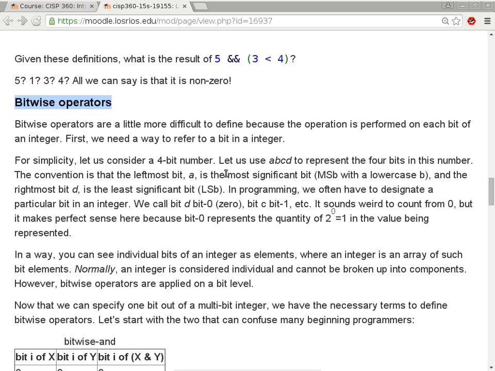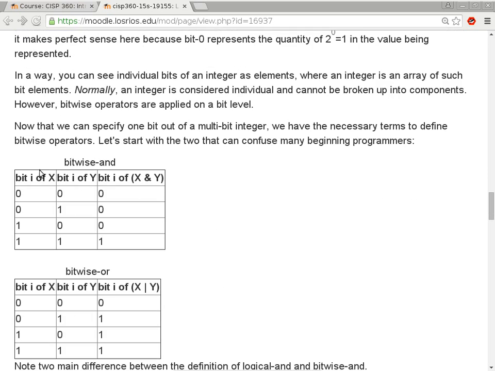So instead of looking at a 16-bit integer as a single number that cannot be broken up into smaller parts, look at it as 16 individual binary digits, 16 individual zeros and ones. And what bitwise operators do is they can work on each individual bit separately, independent from what it does to the other bits. So let's take a look at this particular definition here.